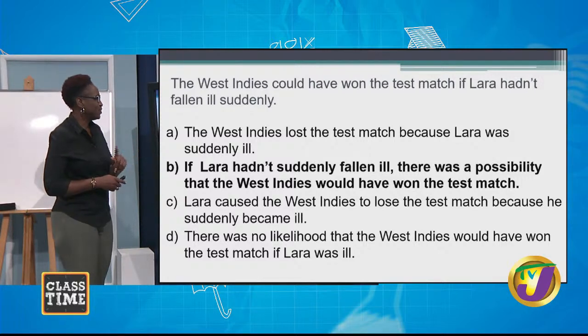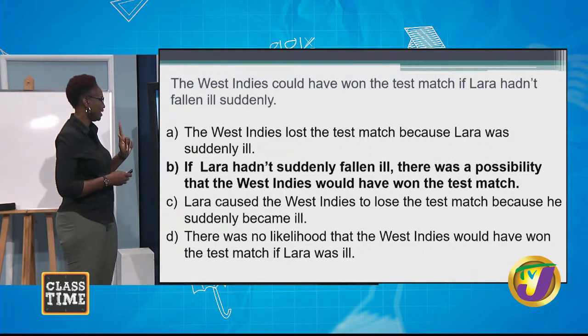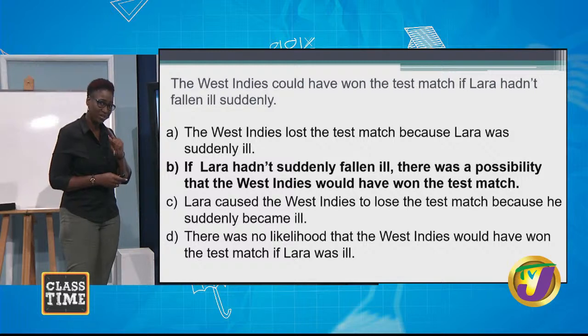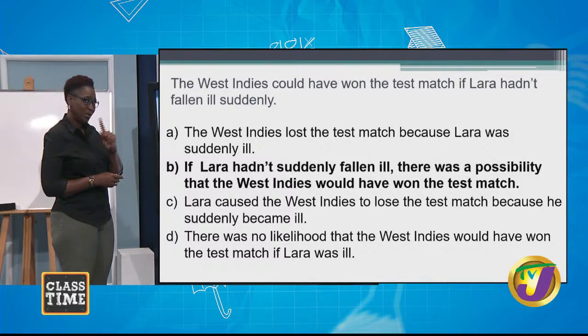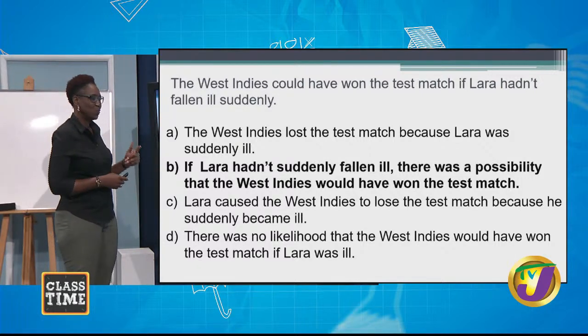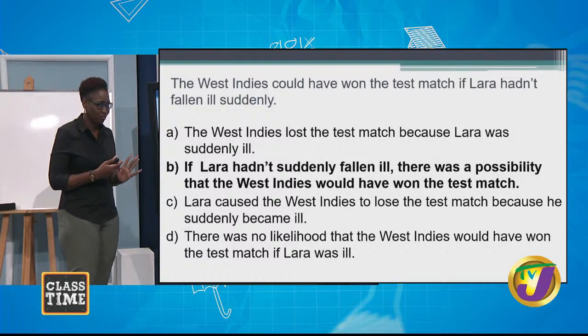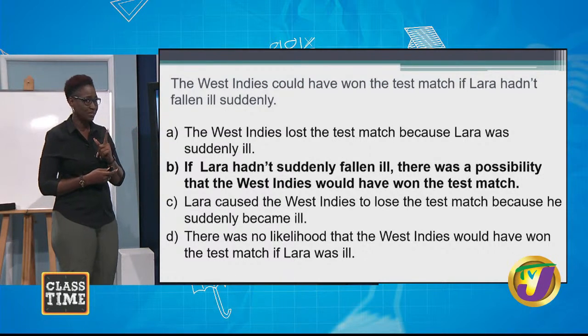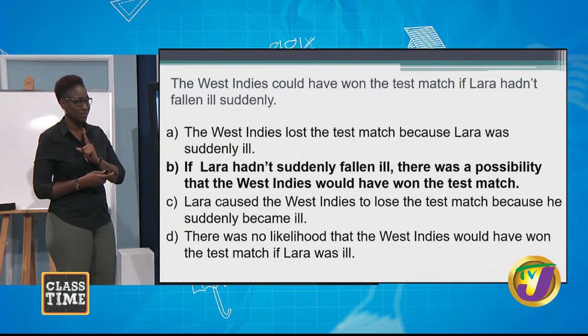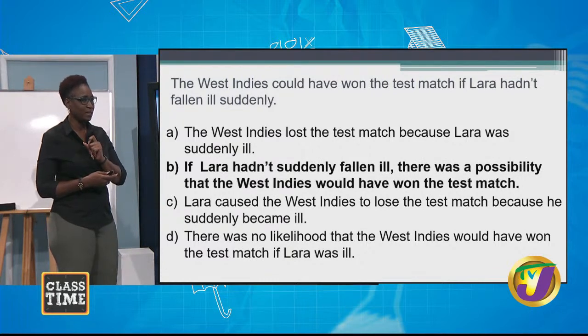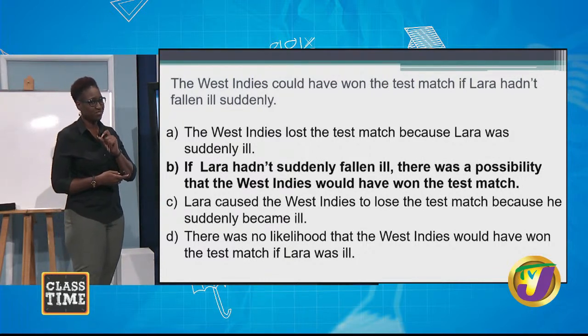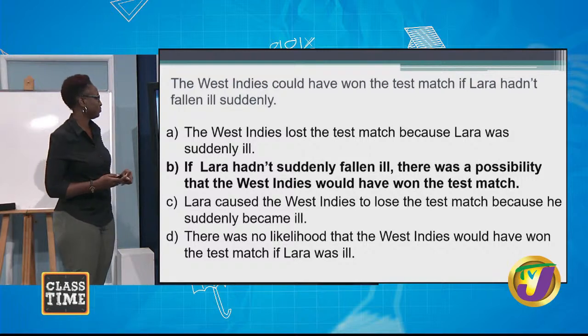All right? So by now, you would have narrowed it down to this one. If Lara hadn't suddenly fallen ill, there was a possibility that the West Indies would have won the test match. Same idea being conveyed as the original. So be very careful because you will have another sentence, at least one other sentence that looks very, very appealing, very, very tempting, but resist temptation.